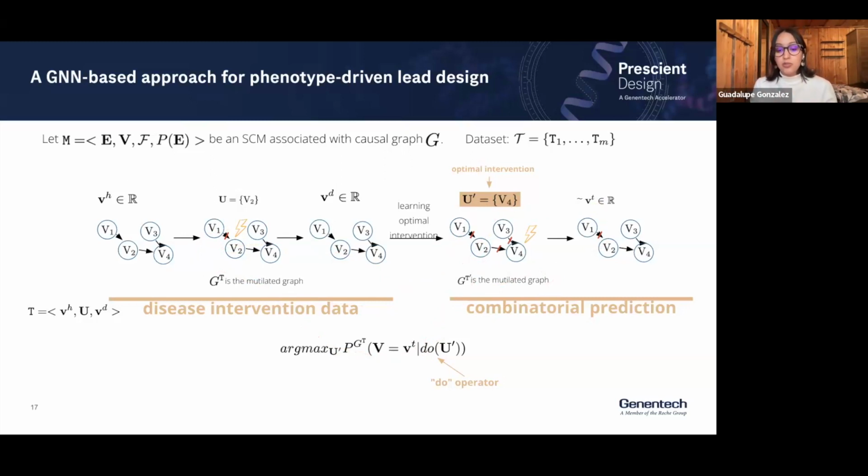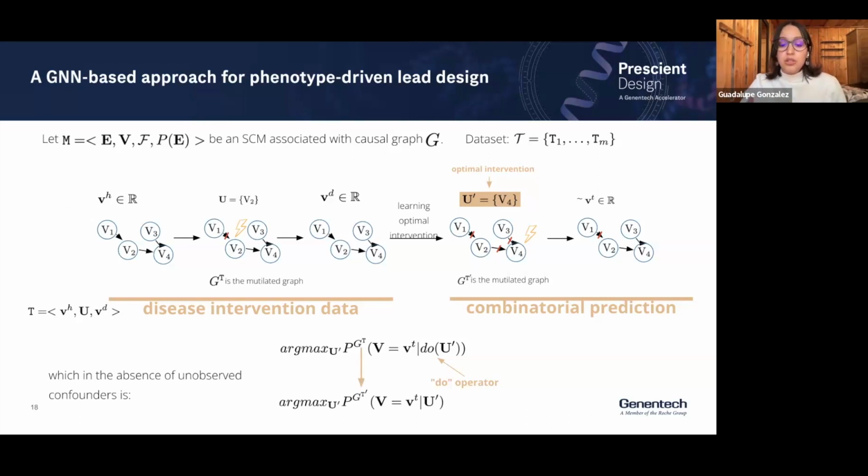Now, these interventional probabilities in practice are extremely challenging to compute in the cases where we don't have a causal graph or where we have noisy, incomplete data sets, which are actually all of these conditions are present in this problem. So we make some assumptions, and the first one is that we don't have unobserved confounders.